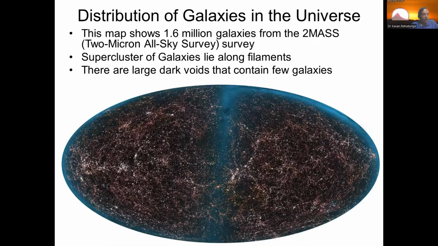And now we got the other end. What we see out there when we look at the universe is from a sky survey, where we see clusters of galaxies, we see voids, we see regions where there are not many galaxies, and sort of a bubble structure of the universe. So this is what we see.